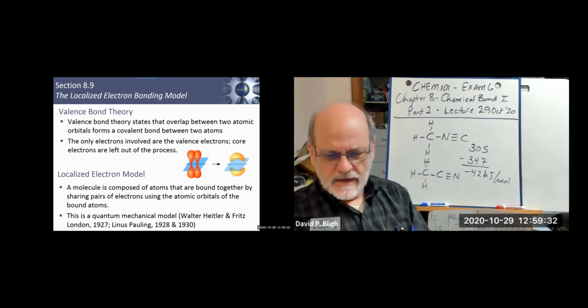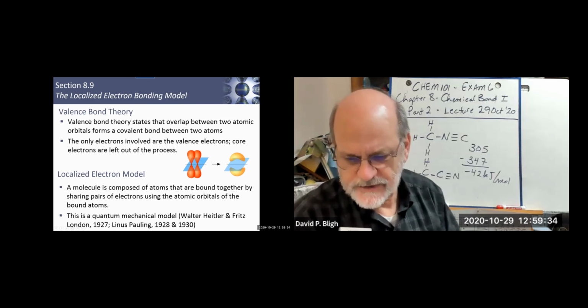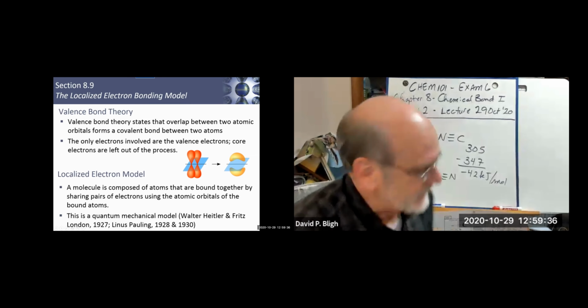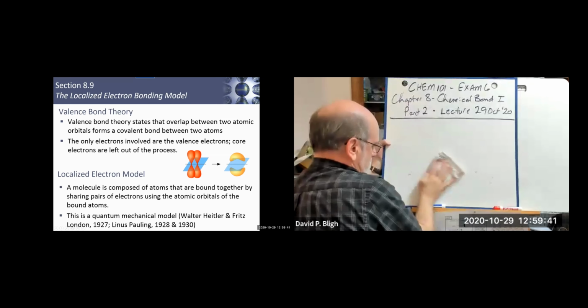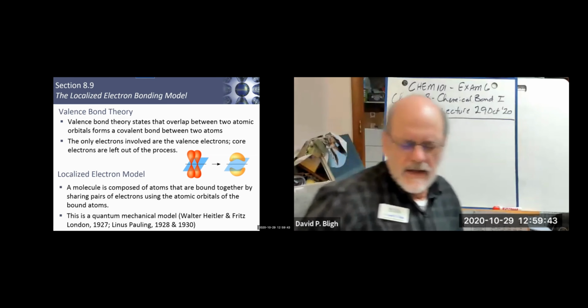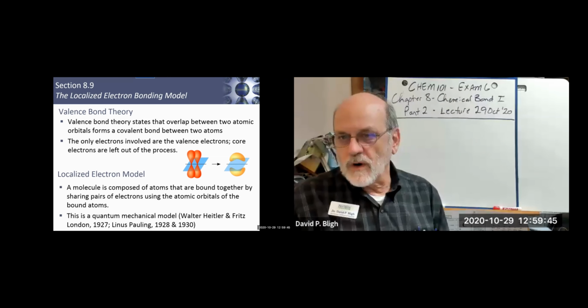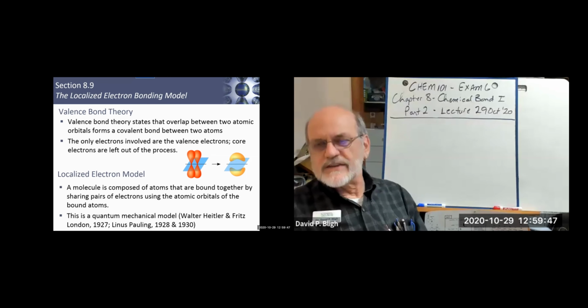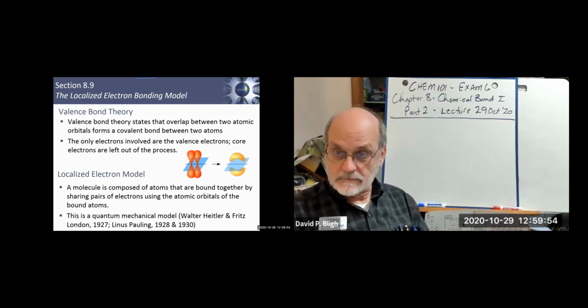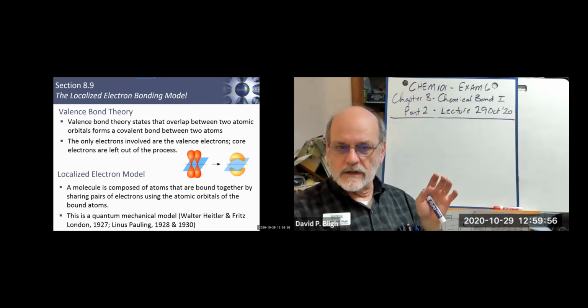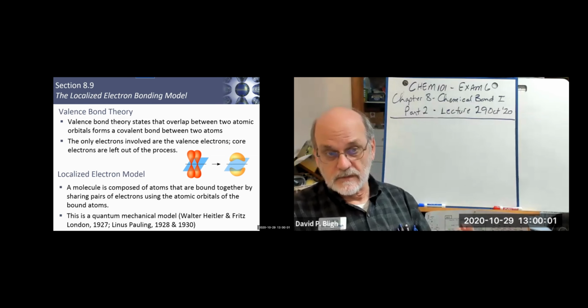Okay, so let's get to the theory. We've got some basic tools now. Let's get to the theory. That was operative for at least the first half of the 20th century, was the useful model and the theory and its model for describing how atoms bond with one another. And that's the valence bond theory.